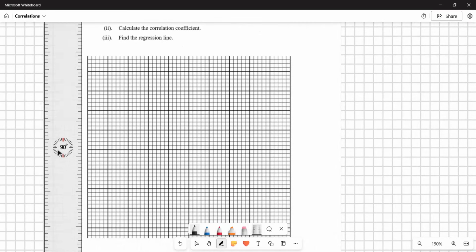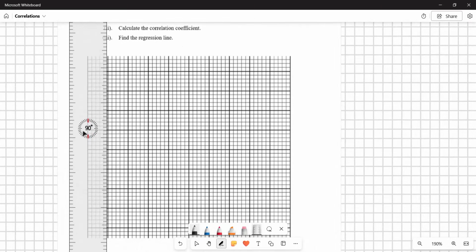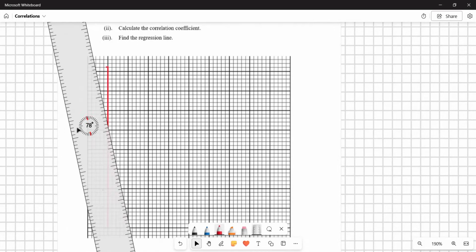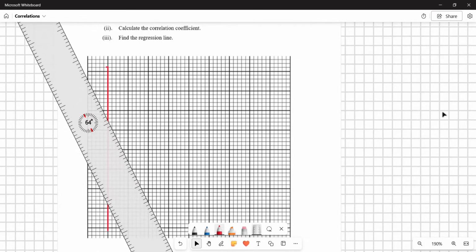I go to do that with my ruler on the graph sheet, and in the examination too you use graph sheets. 10, 20, 30, 40, 50, 60, 70, 80. X up to 6, Y up to 80.